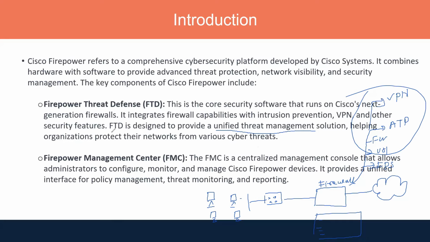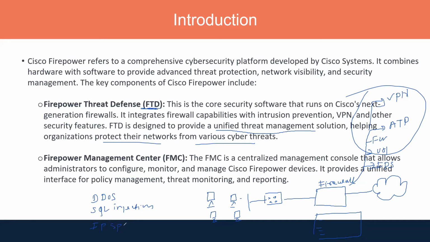Using this single device, the FTD, you can protect your network from various cyber threat attacks. We have different types of attacks in organizations. The famous attacks are DDoS attack, SQL injection attack, and IP spoofing attack.